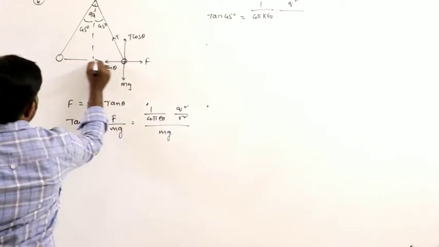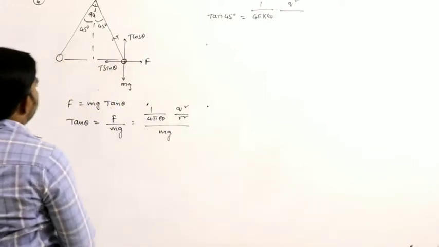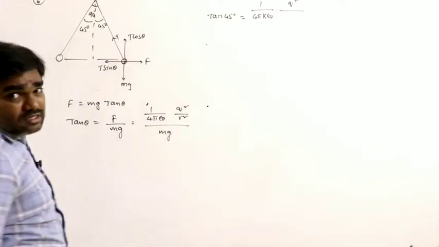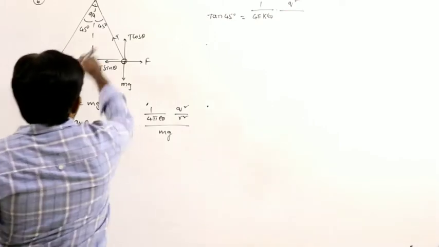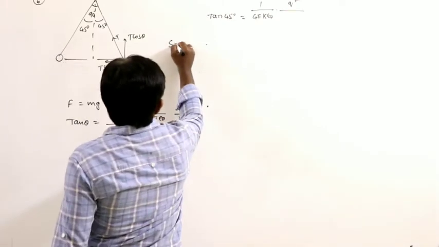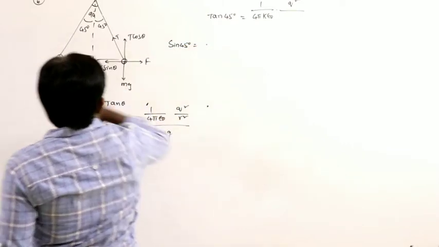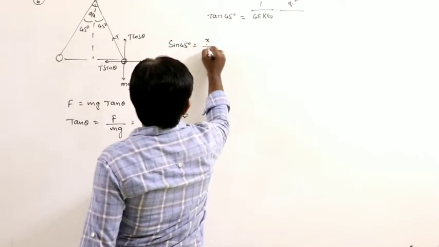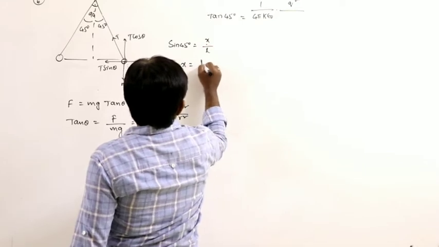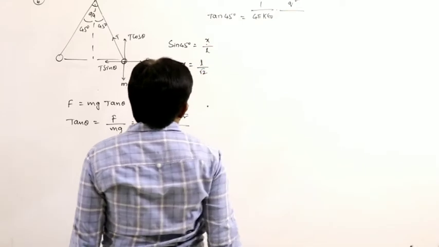The distance between these two. Here the angle is 45, so we can write sin 45 equals opposite side by hypotenuse, let us say x by L. X is equal to L by root 2.